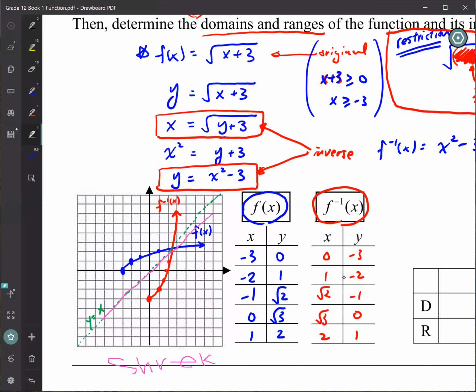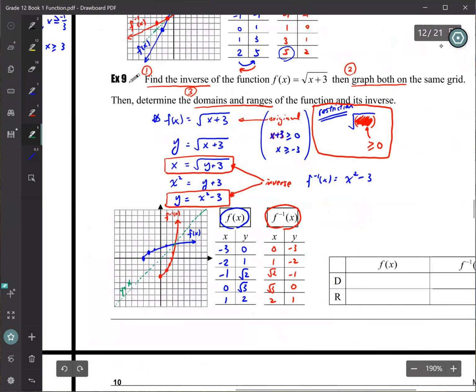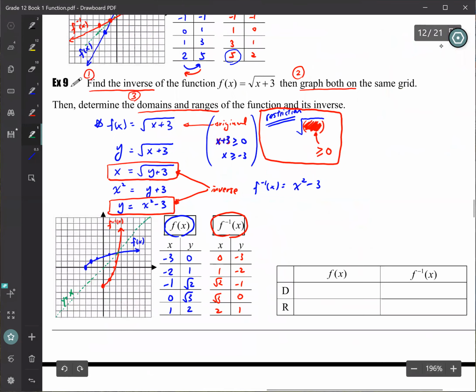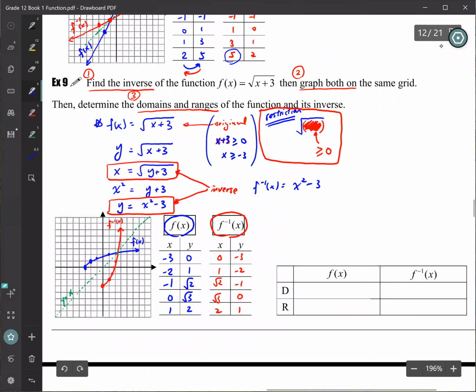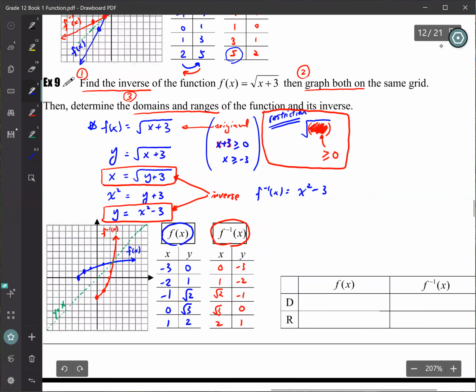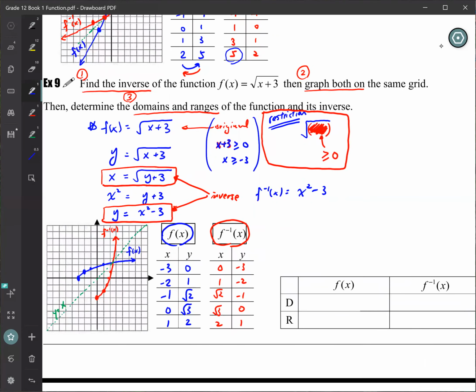Right, so let's write down the domain and range now. Here you make a table. In your homework, you'll be doing something like this. When they ask for domain and range, make a table like this and organize your answers. So D for domain, R for range. Look at the picture, the domain for f of x.